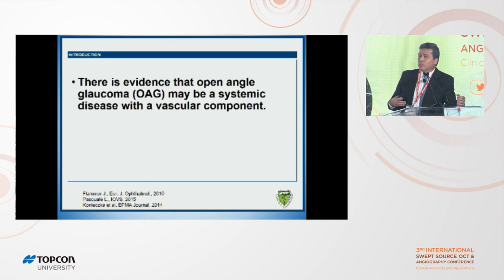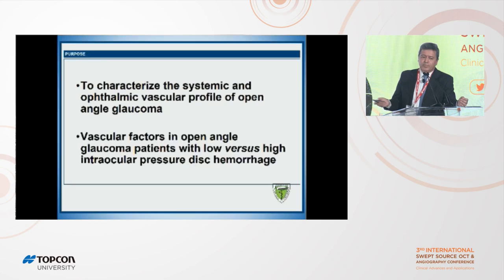I don't think that it works for everybody, but for some patients it makes sense. That's what we're trying to see. Which kind of patients? So we try to characterize the systemic and ophthalmic vascular profile of open-angle glaucoma, and also vascular factors in open-angle glaucoma patients with low versus high intraocular pressure disc hemorrhage.